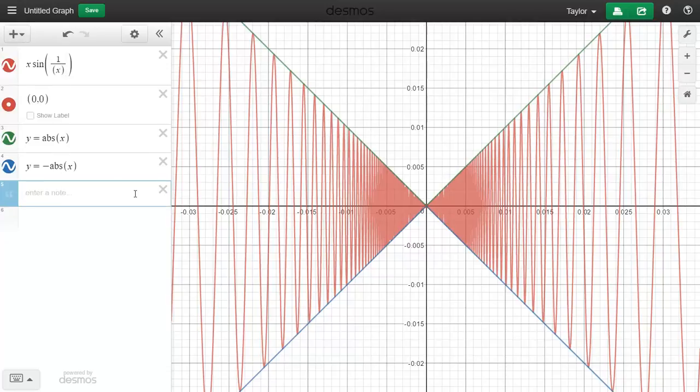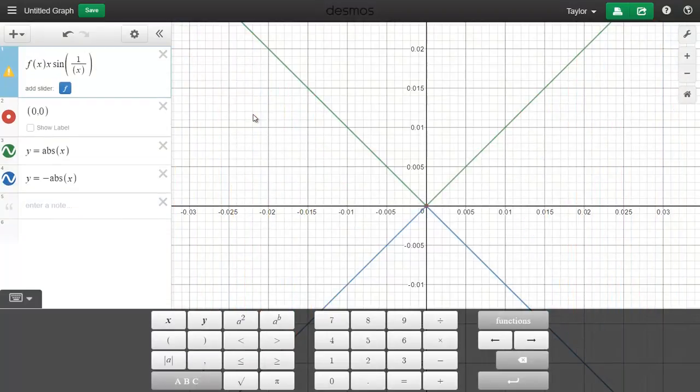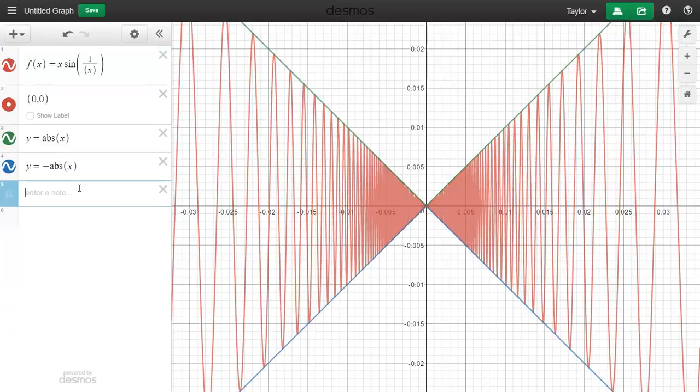We can say that if we define this as f of x, just for some notation here, then the negative absolute value of x is less than or equal to f of x, which is less than or equal to the absolute value of x.